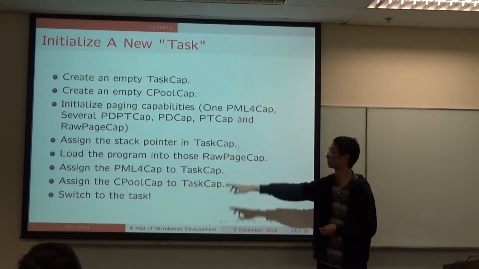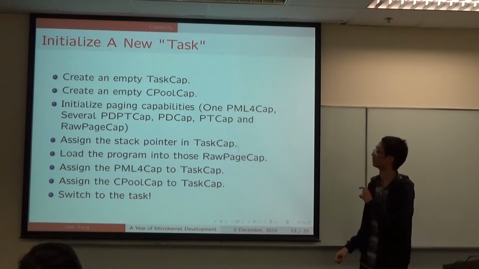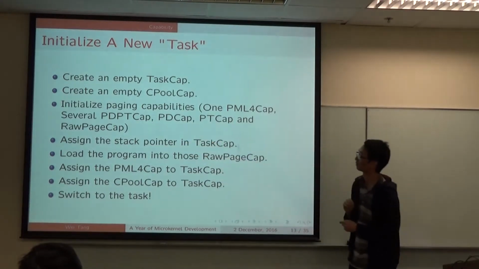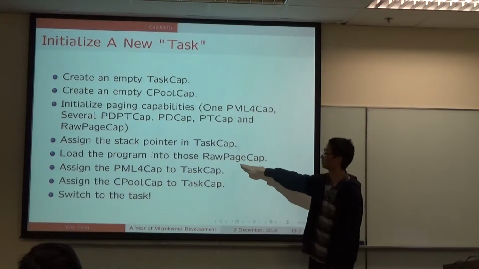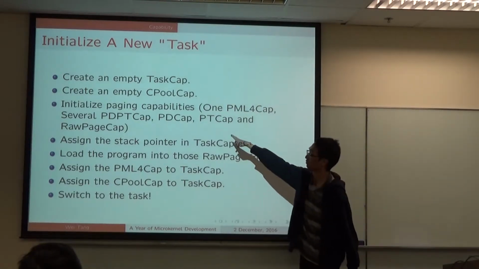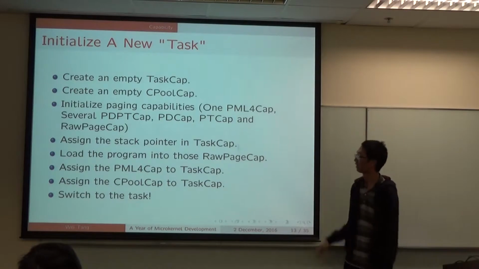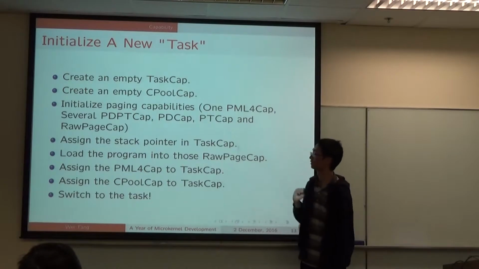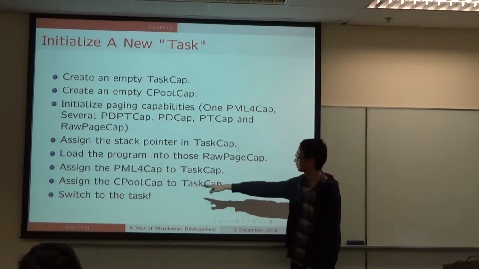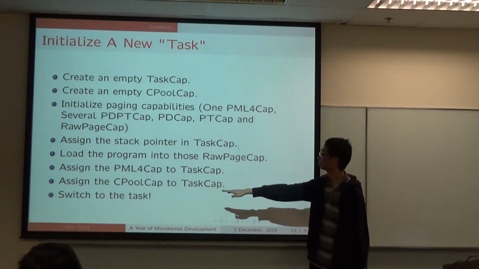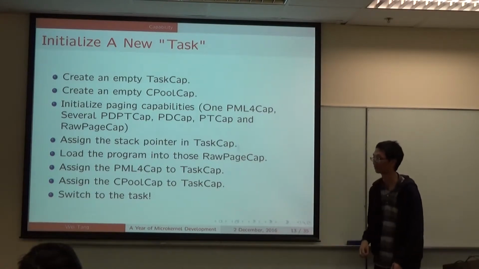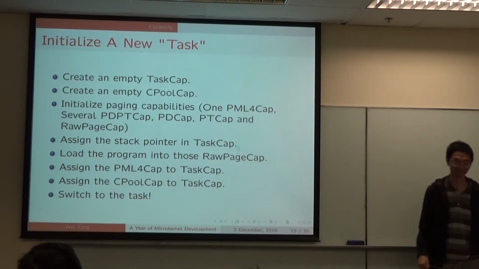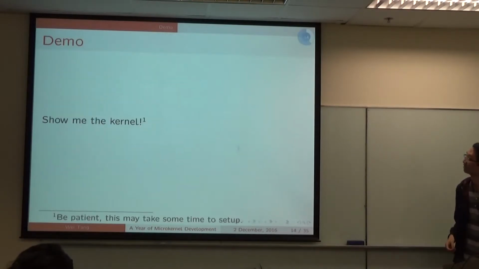Then you assign the stack pointer in the task cap to some pages you have already allocated, and load the actual program into those pages. After that, you assign the PML4 paging capability to the task cap, so it knows how to switch to different pages. Also assign the cspace capability pool to this task cap, so it knows how to address different capabilities. And now you can just switch to the task, and that's basically how it works.